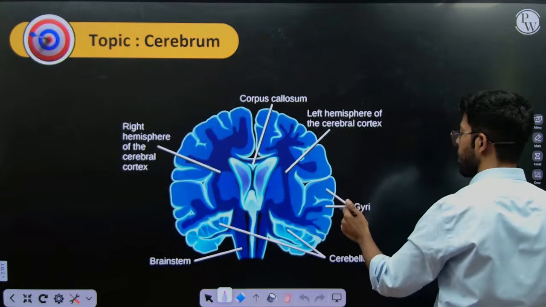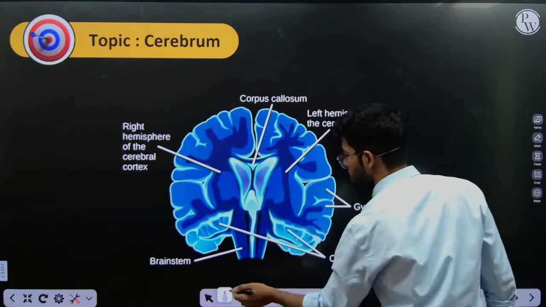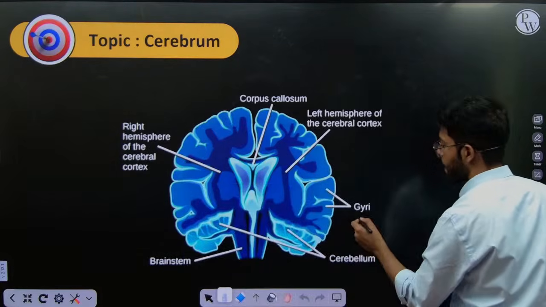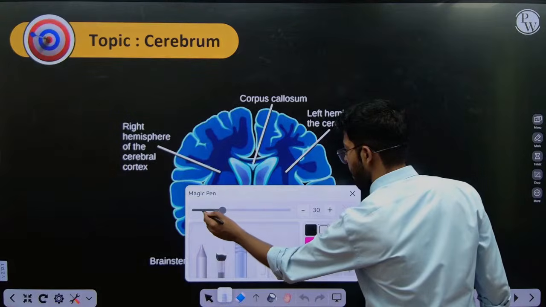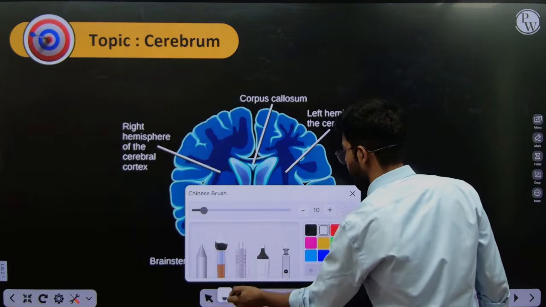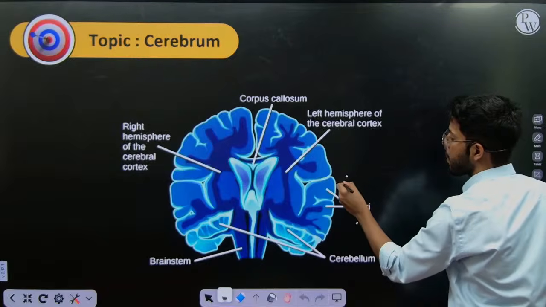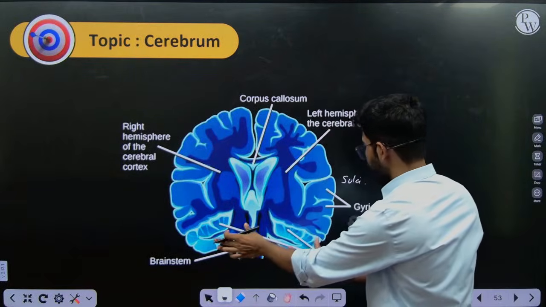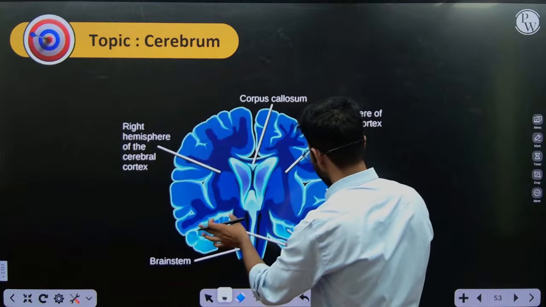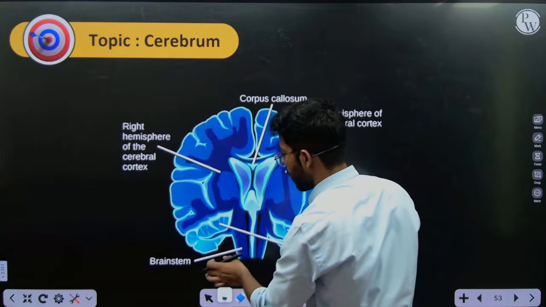These are the gyri and sulci region. Sulci are also present. And this is the cerebellum structure, which maintains our body balance. And this is the brainstem.